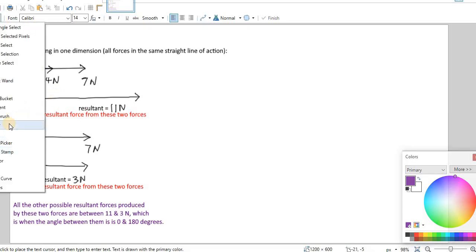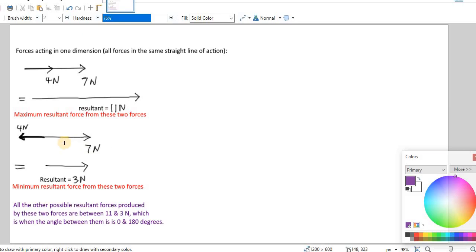So we can even draw that over here. You can see the angle between these two forces is 180 degrees, and the angle here between these two forces is 0 degrees. Now if the two forces are at any angle between 0 and 180 degrees, then they are in two dimensions.